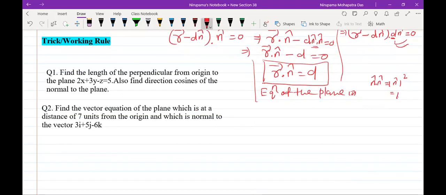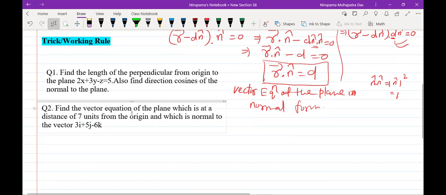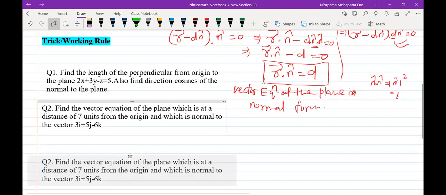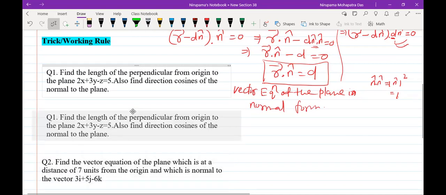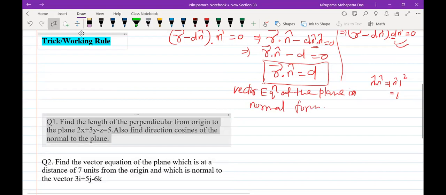I can write it as the vector equation of the plane in normal form: r dot n cap equals D. Just observe this equation. D, as we know, is the perpendicular distance, the distance of the plane from the origin. And n cap is the unit vector in the direction of the normal to the plane.